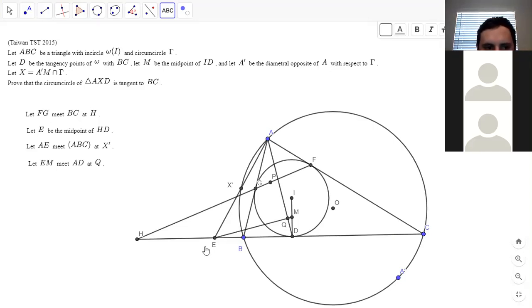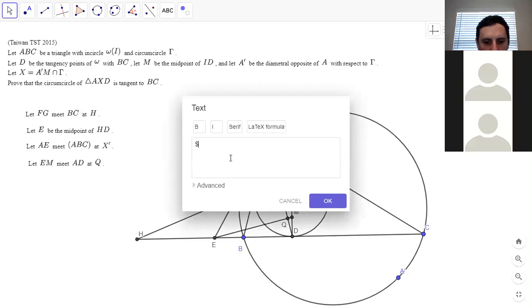So first, we have B, C, D, and H are in harmonic conjugation. So that means that ED squared is EB times EC.